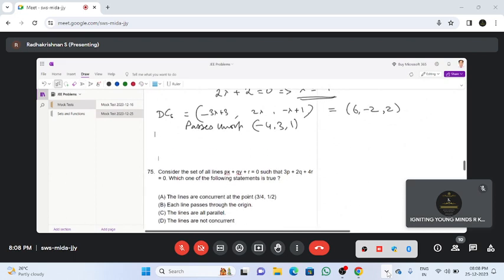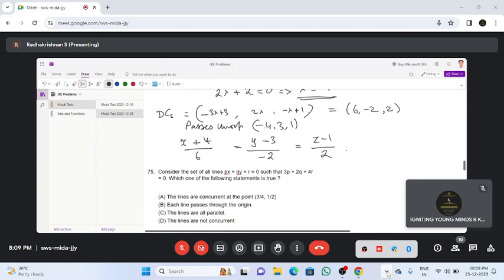If we know the point and the direction coefficients, then what is the equation of the line? x minus minus 4 divided by its direction coefficient equal to y minus 3 divided by its direction coefficient, z minus 1 divided by direction coefficient.